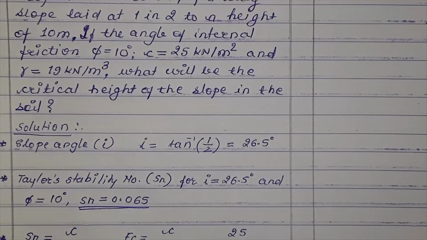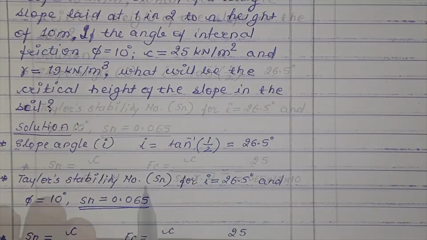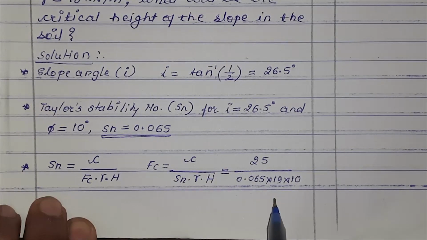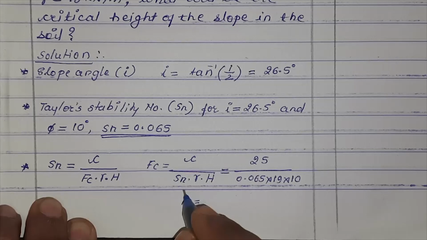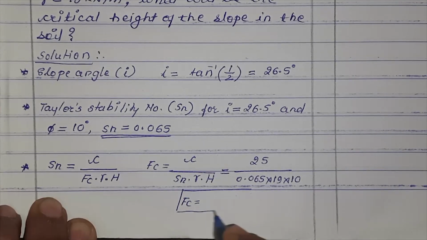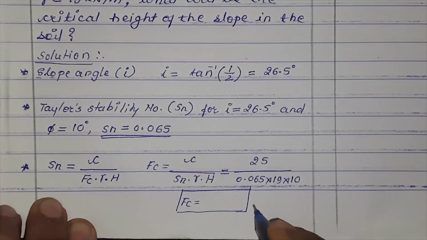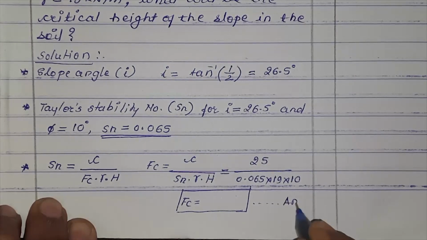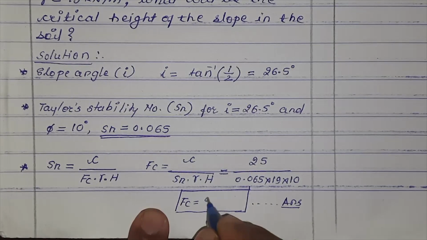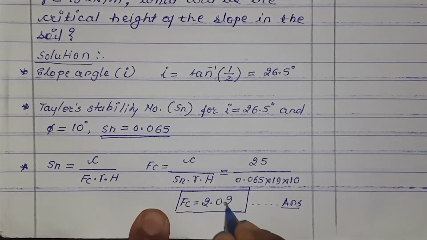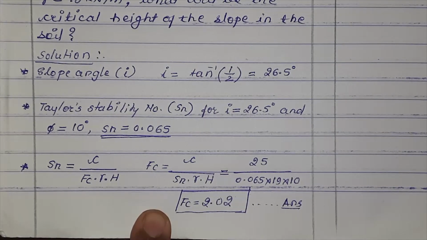Height of the slope is 10 meters. Solving this expression, we will be getting factor of safety with respect to cohesion. So that will be our first answer. Let us find out the value. So it comes out to be 2.02. This is our first answer.